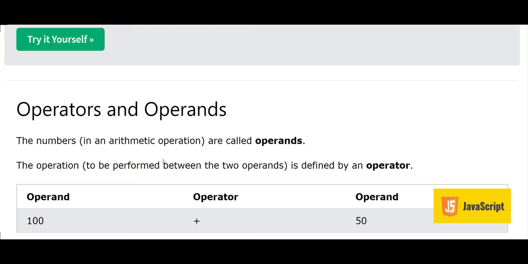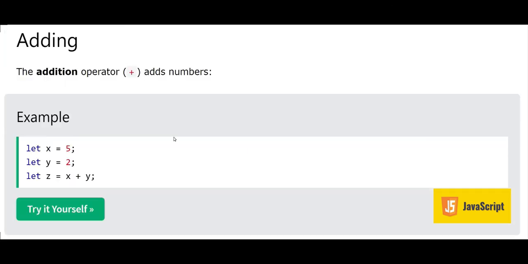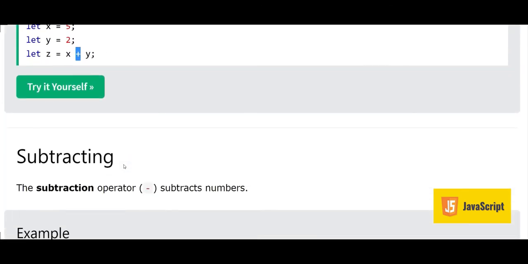These are called operands. So we have here now addition. As we have seen, we are adding two numbers, x and y, in the variables, and we have this operator, and the operands are these x and y variables.